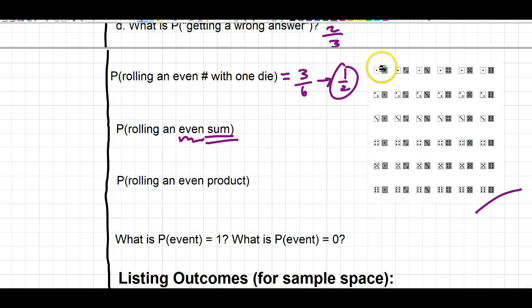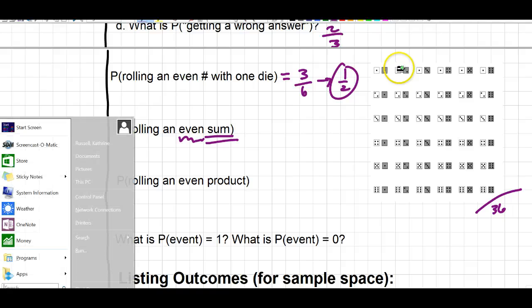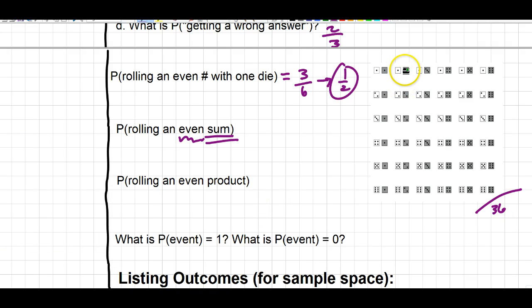Hopefully students know or could count here real quickly that there are 36 total outcomes when you roll 2 dice. Keep in mind that when you roll a 1 and a 2, that would be counted as a separate outcome from rolling a 2 and then a 1. So those outcomes are counted as individual outcomes and they are separate from each other. So that's why there's 36 outcomes here for rolling 2 dice.